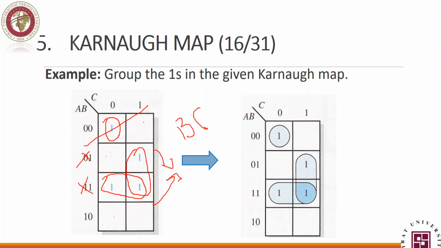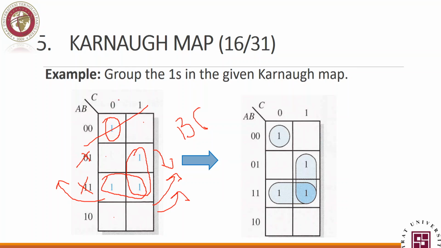How about this? If we fold here, from this side, like from here to here, for these two. Look at this. A, B, nothing would be excluded from here, because AB is just common for these two, but C is changeable, 0, 1.